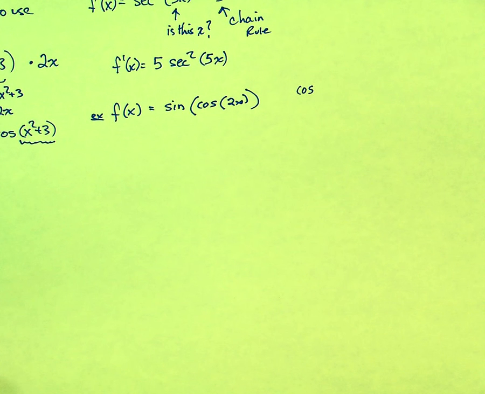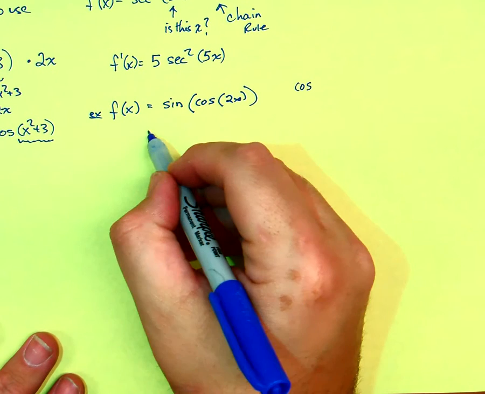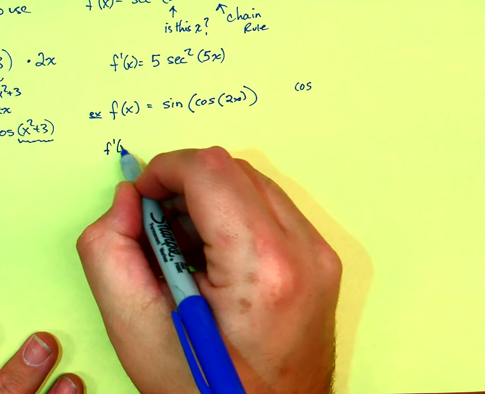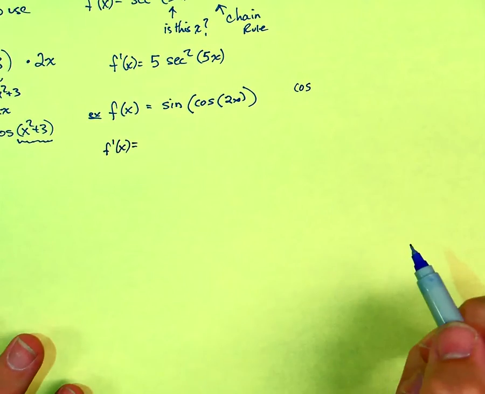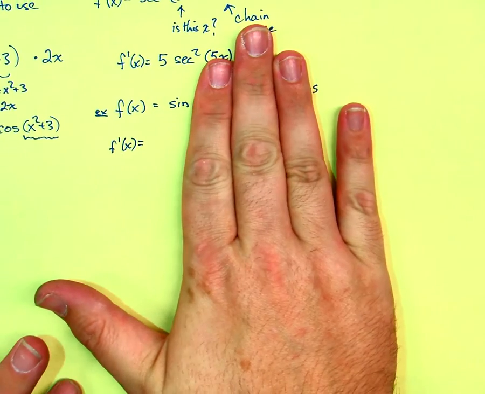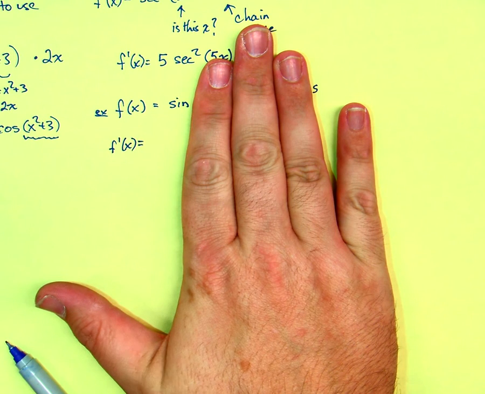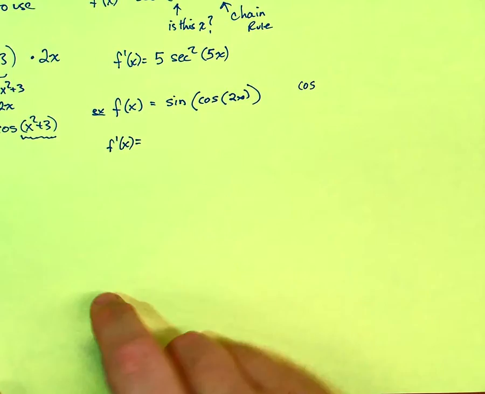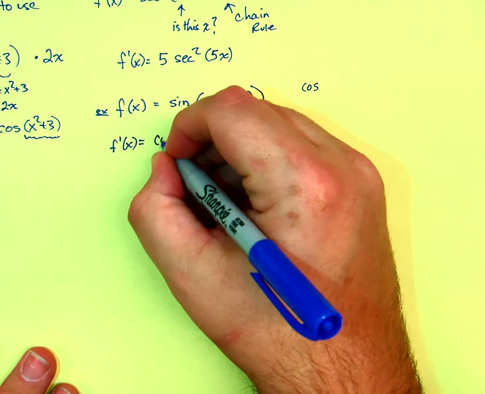All right, f prime of x. You're absolutely 100% correct. Start at the outside. It's just the sine function, isn't it? What's the derivative of the sine? Cosine. So what you'll do is you write the cosine, and then you write what the cosine was of. It's the cosine of 2x.